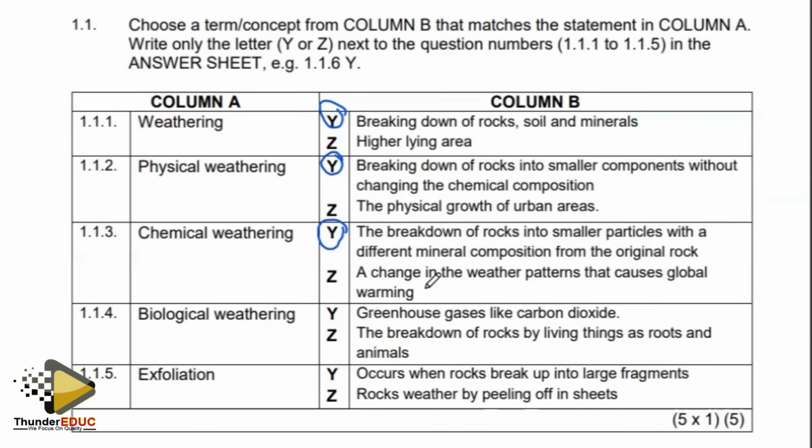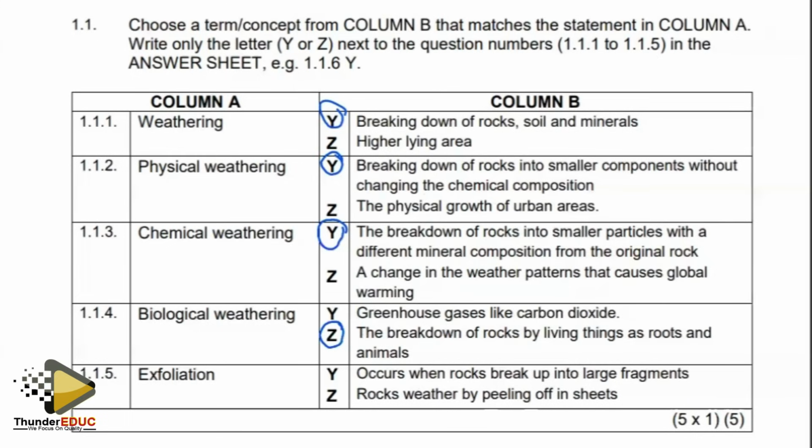Y says greenhouse gases like carbon dioxide. Z says the breakdown of rocks by living things such as roots and animals. So Z describes biological weathering.